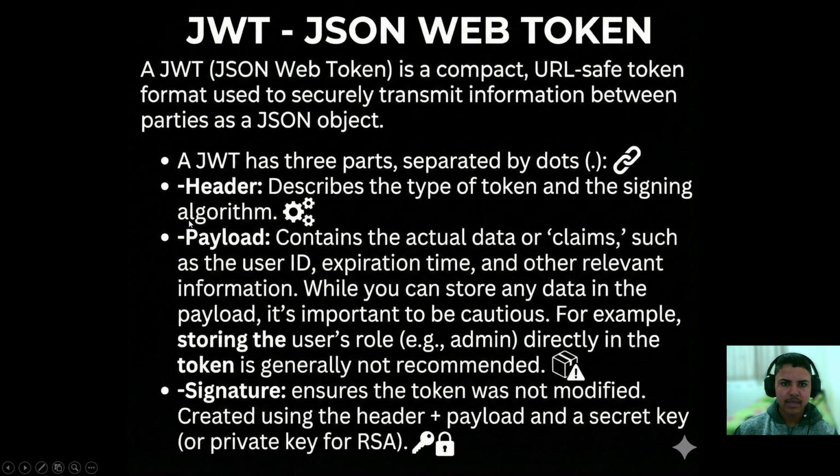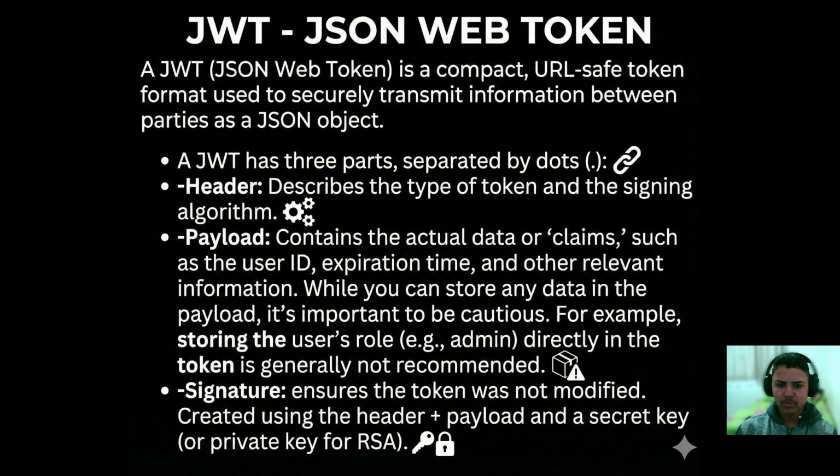So what's a JWT, JSON web token? A JSON web token is a compact, URL-safe token format used to securely transmit information between parties as a JSON object. It's basically a token that identifies the user. It's divided in three parts: the header, the payload, and the signature. The header describes the type of the token and the signing algorithm.